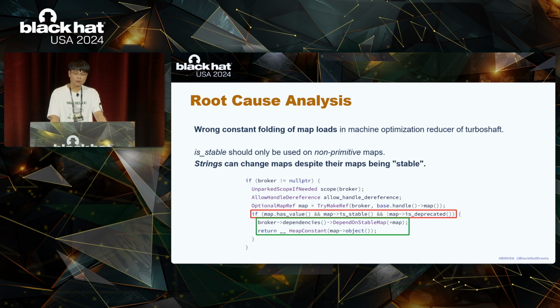It's considered stable only when a map is not further specialized to other maps. This approach is a bit interesting for primitive types such as string, because primitive types cannot be changed, and the maps of these types are always considered stable.